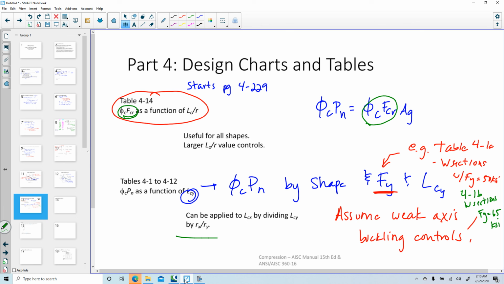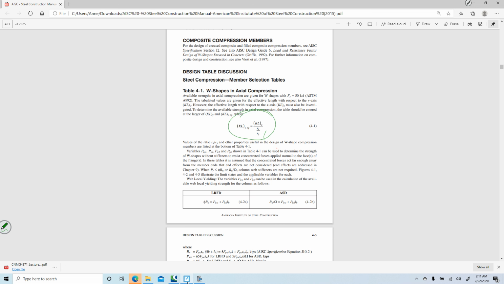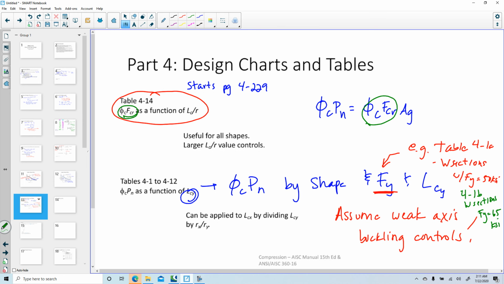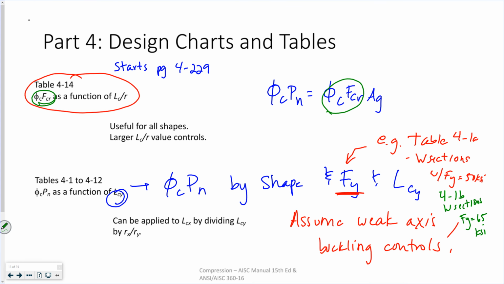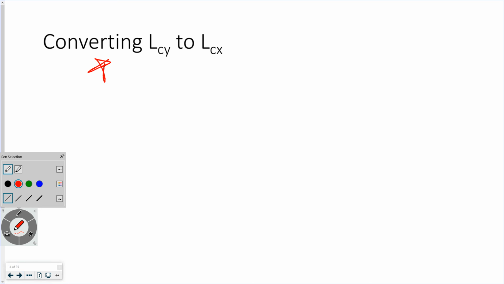And now I'm going to talk about this last part. These tables assume, for W sections at least, and it even says right here, how to calculate an equivalent effective length. I'm going to say it one more time.